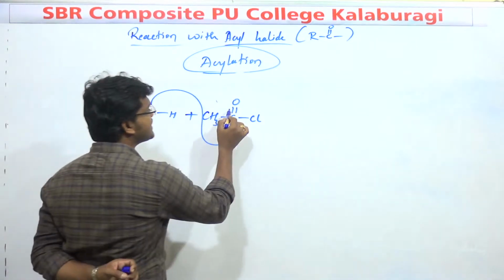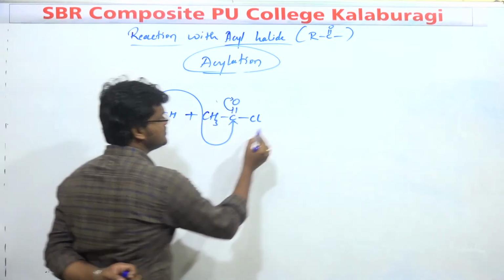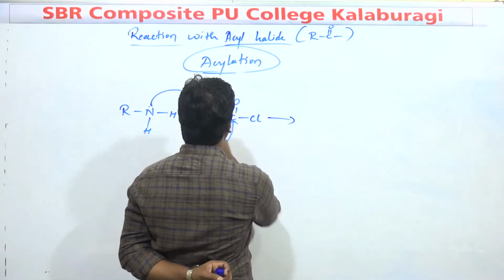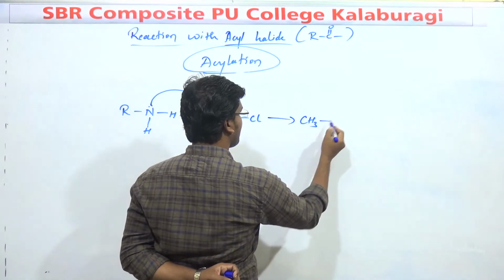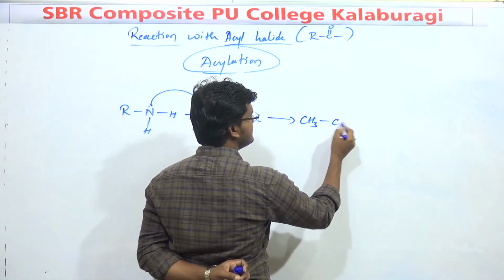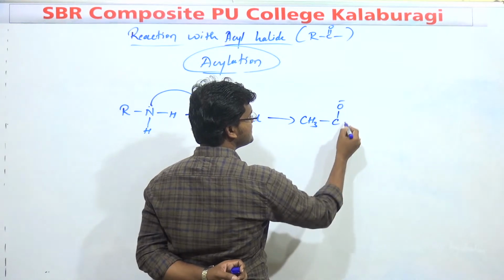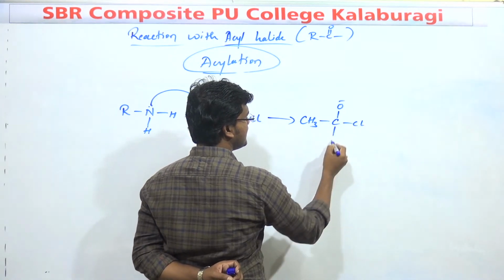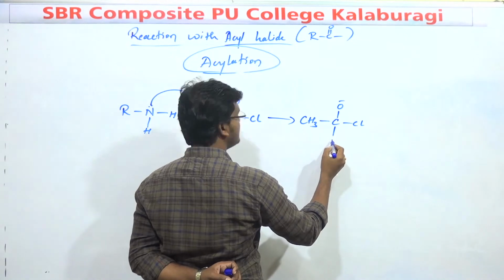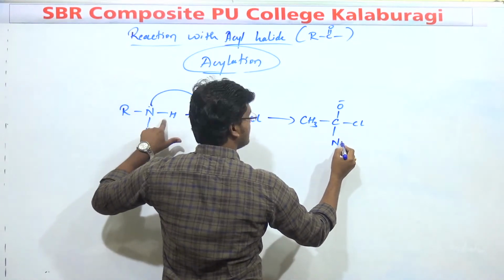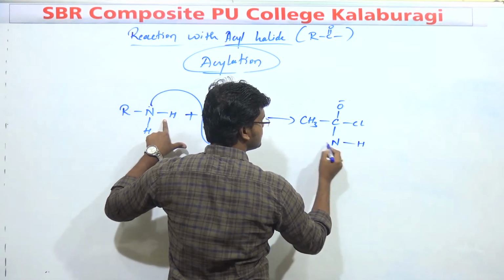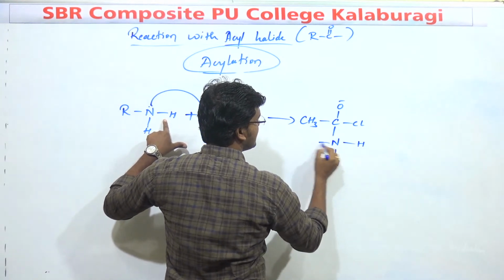Then these electrons are transferred to oxygen. So I will be left with CH3, CO, Cl minus, and here I am having two hydrogens and an alkyl group over here.